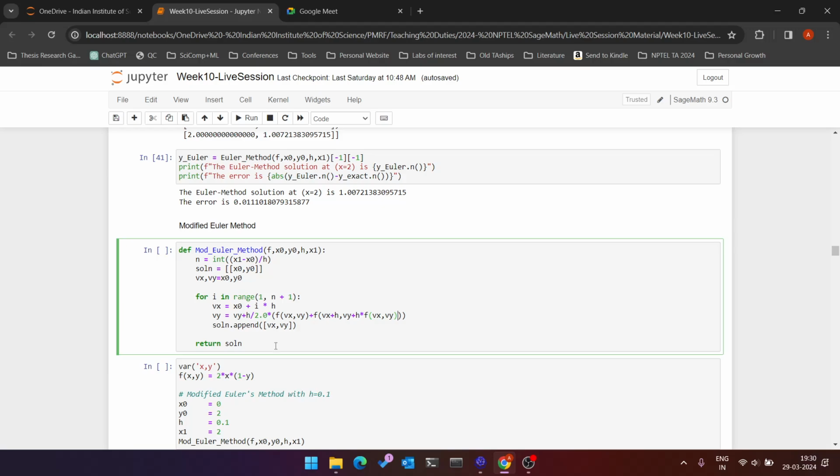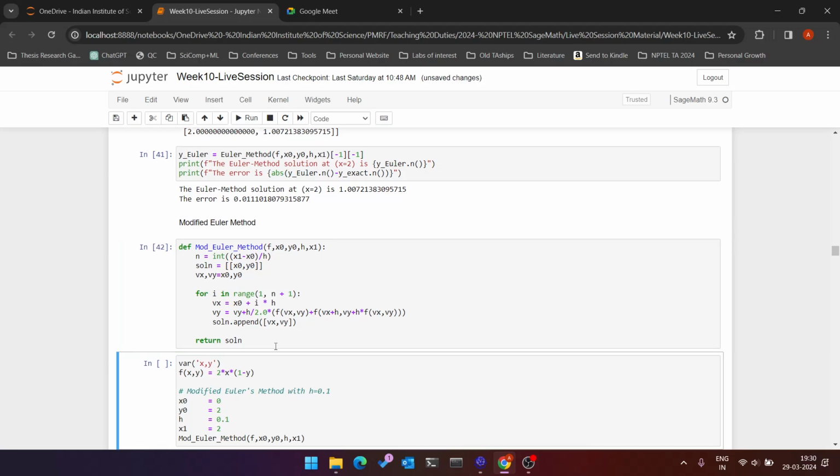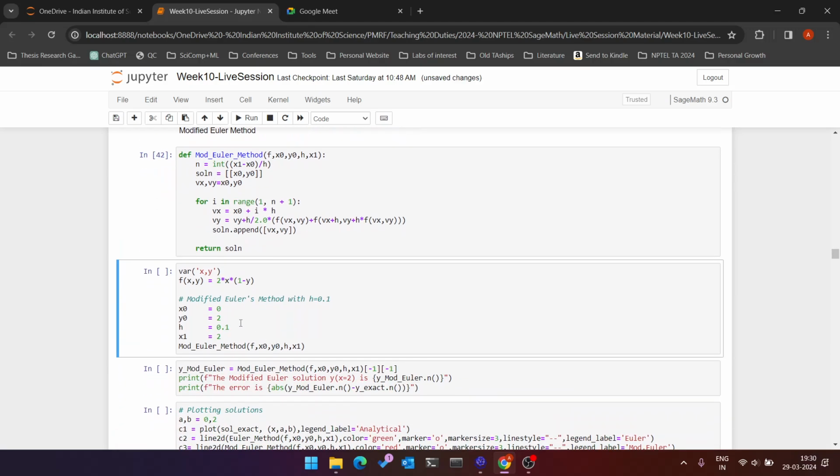With this in mind, the modified Euler method algorithm is complete, and now I'll be using it below. You can see that I still have everything the same: variables x, y, f of x comma y, x0, y0 as 0 and 2 respectively, step size as 0.1, my final value is 2, and then I'll be running the modified Euler.